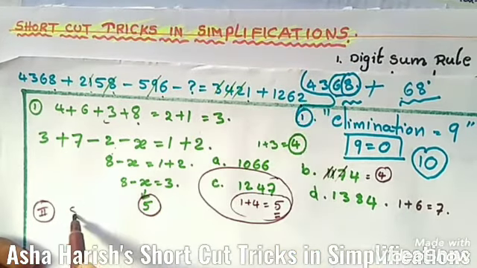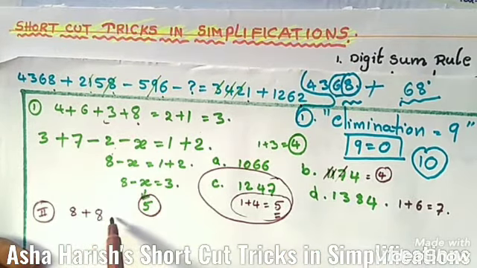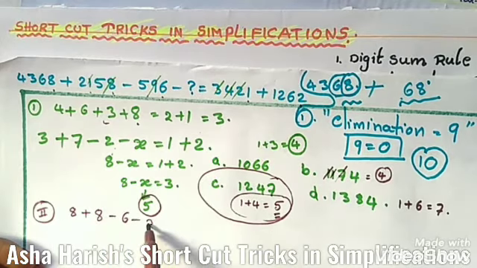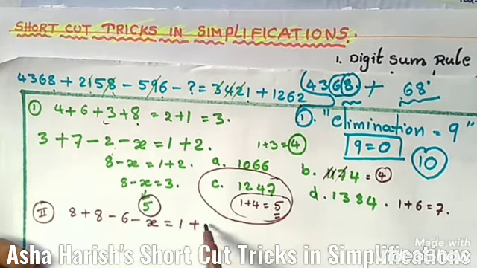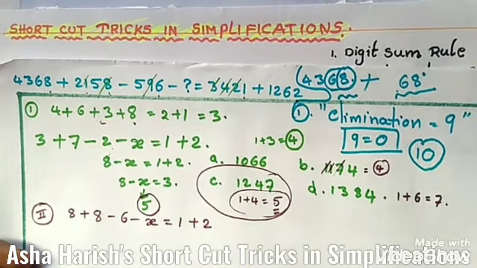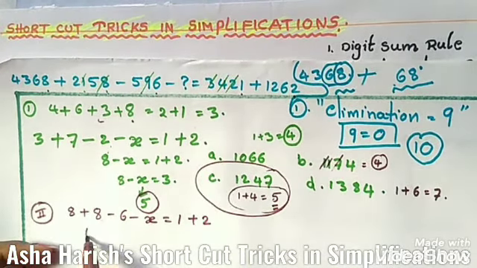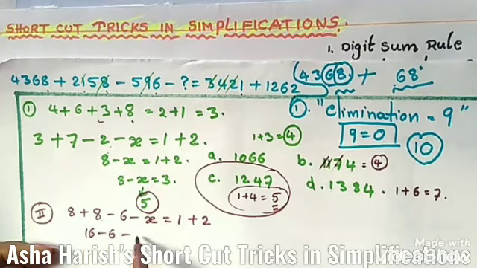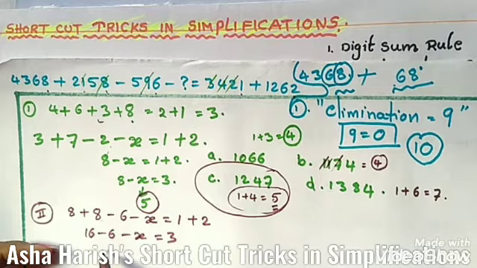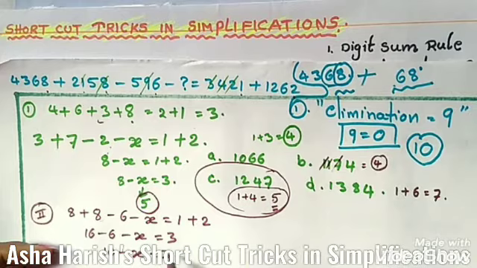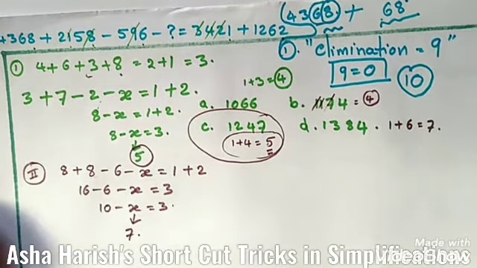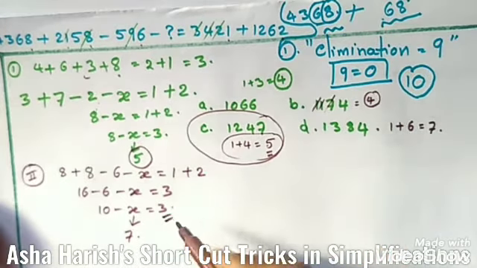Here 8 plus 8 minus 6 minus x is equal to 1 plus 2, just based on the ones place. 8 plus 8 is 16, 16 minus 6 is 10, minus x is equal to 3. So in the place of x, if you take 7, then you will get 3.